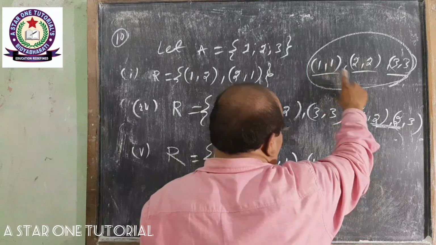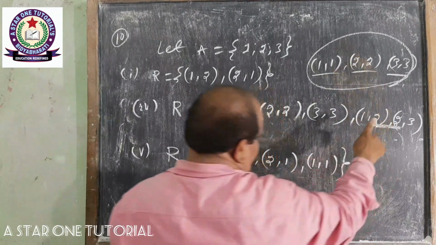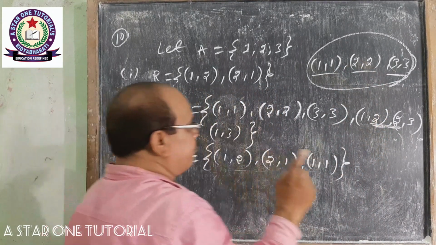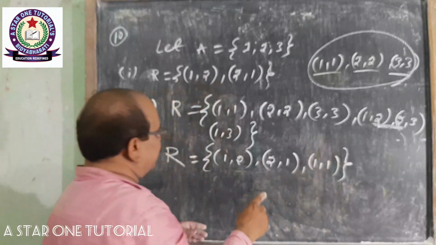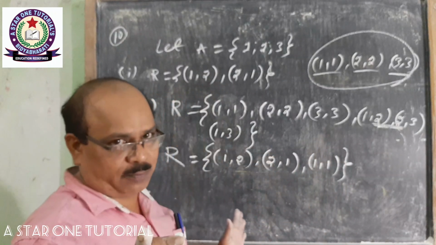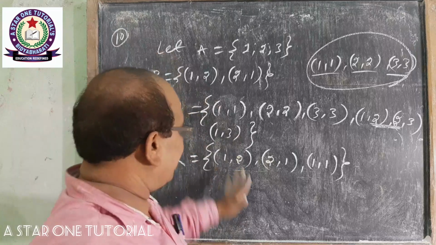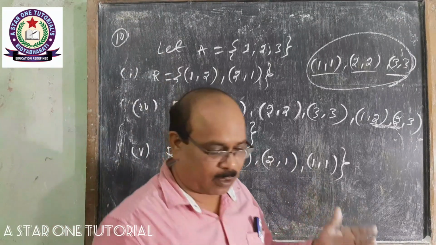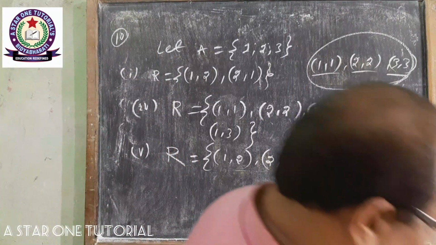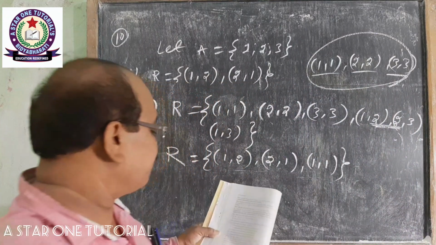Okay, if at least one of them is absent in the relation, then definitely you can say that that relation is never reflexive. Okay, so these are the examples of the relations which we were asked to find out.